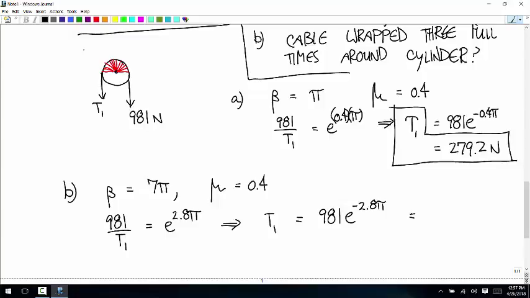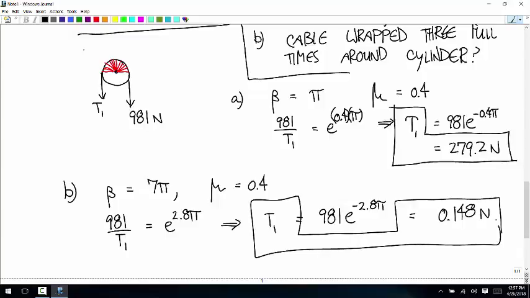And what do you get for that? 0.148 newtons. So you never get down to 0 by this calculation, but you're basically not requiring any force anymore. Friction is taking pretty much all of it.